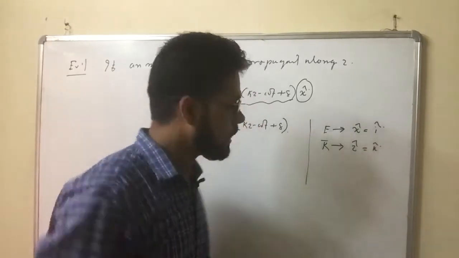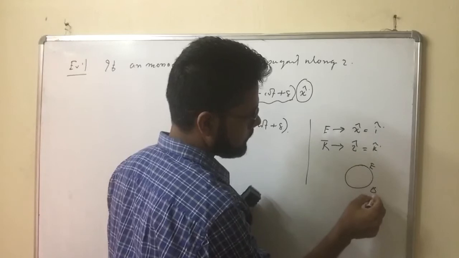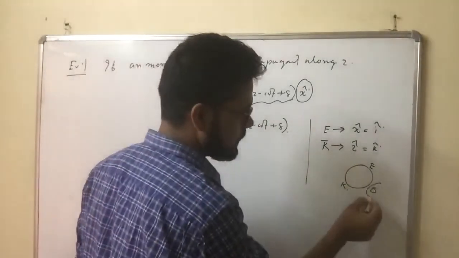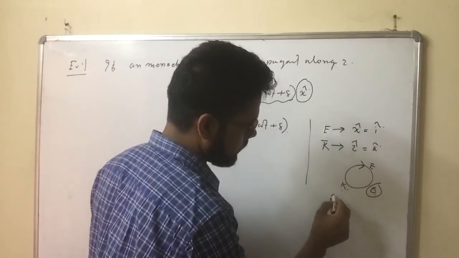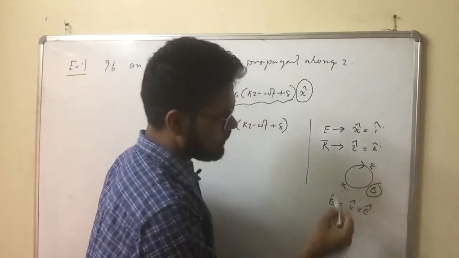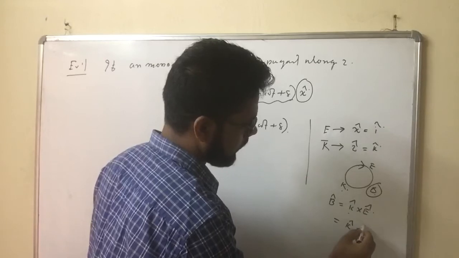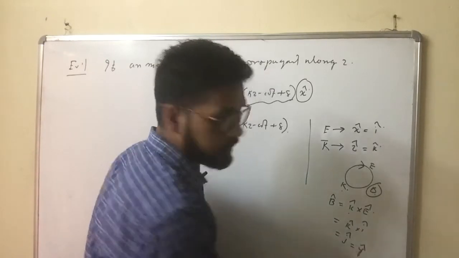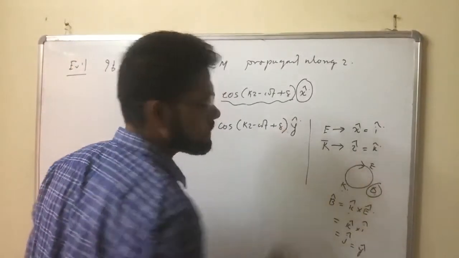Now we draw the circle E, B, K. We need the unit vector of B. Then k into E, in the clockwise direction: B unit vector equals k cap into E cap, which is k cap into i cap, equal to j cap, that is y cap. So this represents y cap.